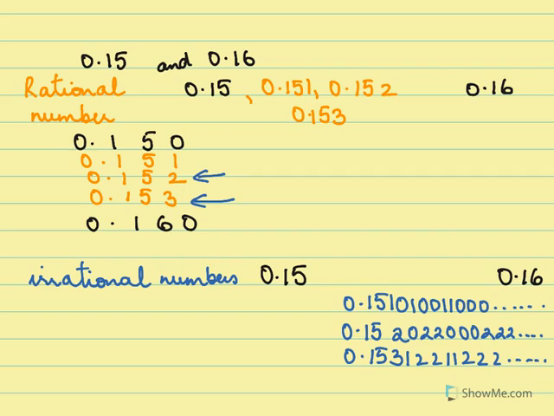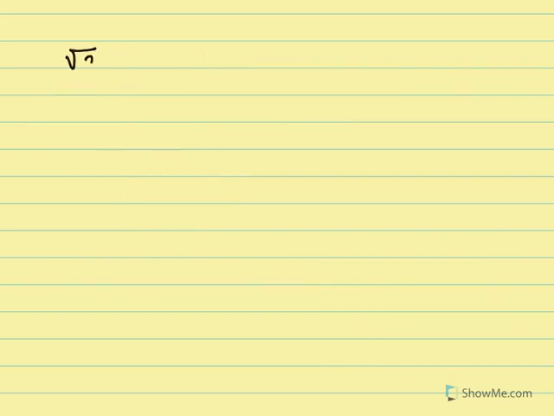Again, we'll find a rational and an irrational number between root 2 and root 3. So to find a rational number here, we'll first know the value of root 2.